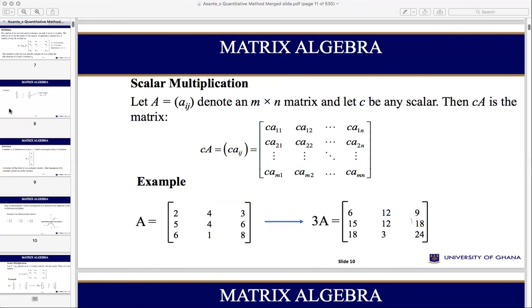Okay, by example, let me give this example: 1, 6, 7, 2. This is, let's say, B. I want to see 4B.